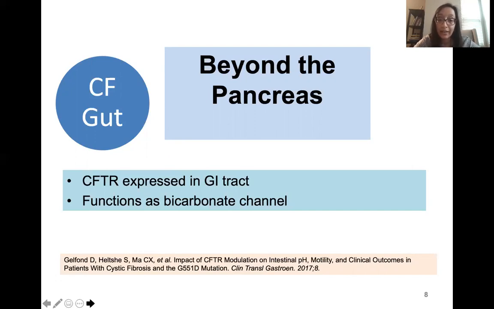One is that the CFTR protein is heavily expressed in the GI tract, and it also functions as a bicarbonate channel. And as you know, bicarbonate is required to be present in the GI tract, particularly in the proximal GI tract, as we are trying to neutralize the gastric acid and create an alkaline environment for proper absorption of nutrients. So what does that look like?